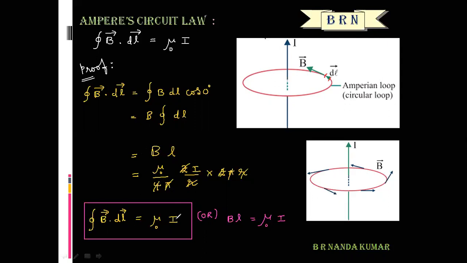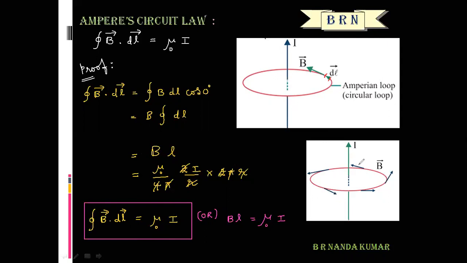So that is the simplified statement of Ampere's circuit law. So what is the statement of Ampere's circuit law? The line integral of magnetic field around any closed circuit is equal to mu naught times the total current passing through that closed circuit.